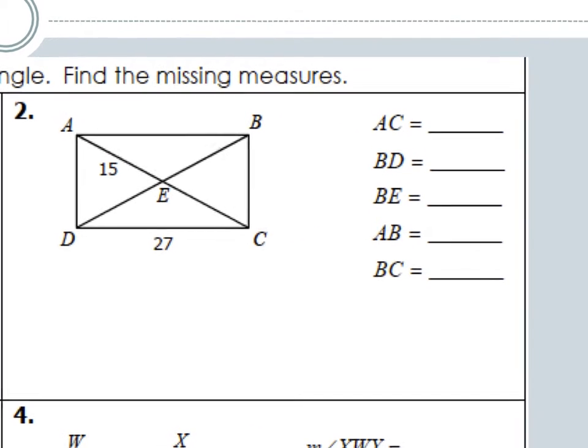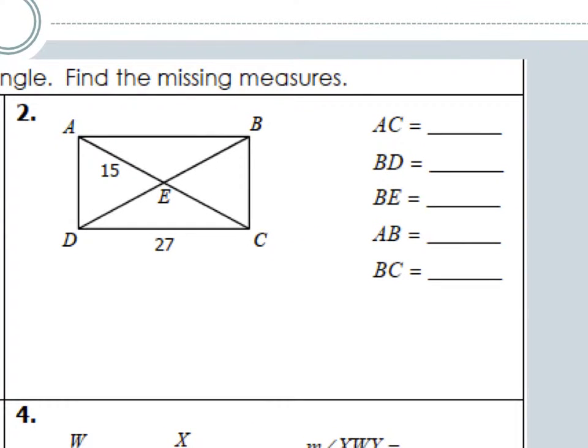Question 2. AC is going to be the whole diagonal, so 15 plus 15 gives me 30. So this whole thing right here has to be 30. It's a really messed up looking line.